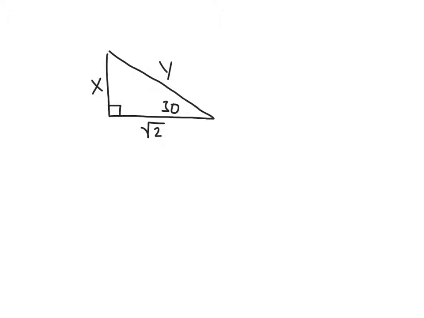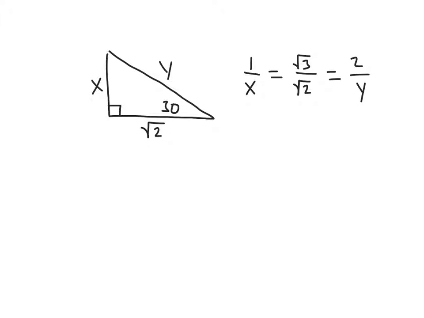All right. So if you're setting up the proportion on this problem, you would say 1, square root of 3, 2. 1 is the short leg, so that's x. 2 is the hypotenuse, so that's y. And the square root of 3 is the long leg, which is, in this case, the square root of 2. Okay?